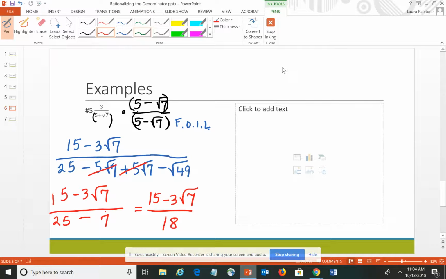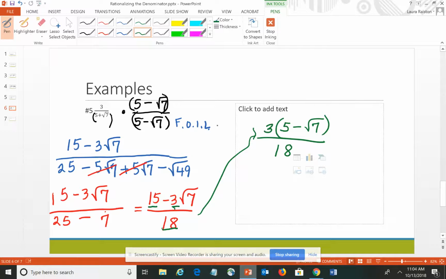Now here again, you got to be careful because you got to think about simplifying this fraction. I noticed that 15, 3, and 18 can all be divided by 3. So I'm going to go up here and I'm going to factor out a 3. 15 divided by 3 would be 5. 3 divided by 3 would be the understood 1. So I'll get 5 minus the square root of 7 all over 18.